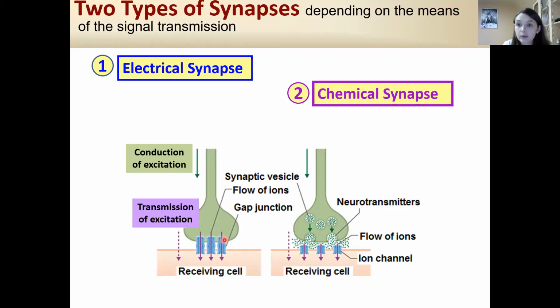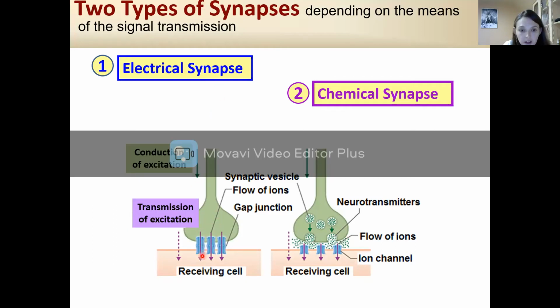In this slide you could see the differences in the structure of the synapses, not only in words, but also in a picture. As you see, in electrical synapses we have a specific channel, the gap junction channel, which is built from the protein called connexin.